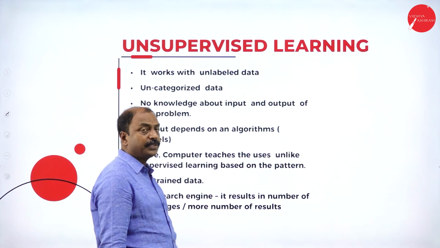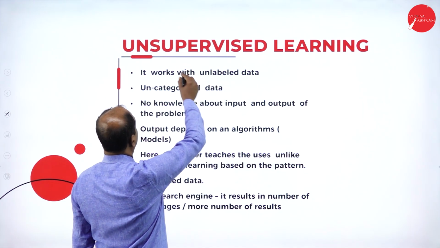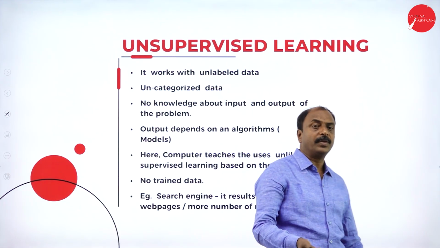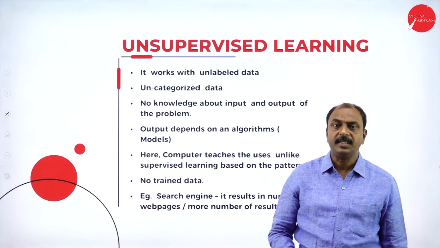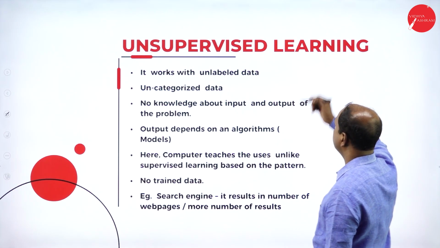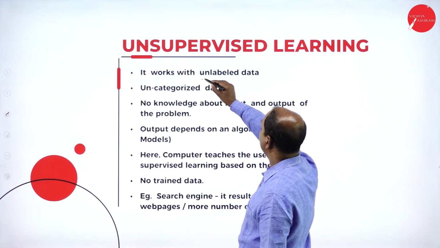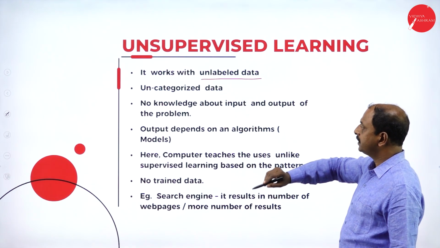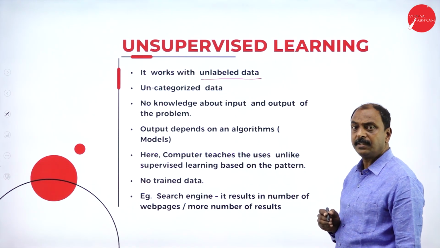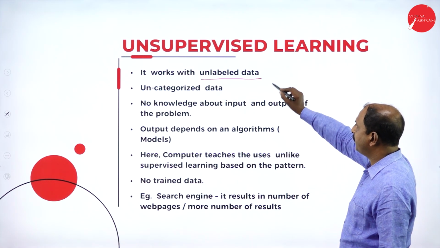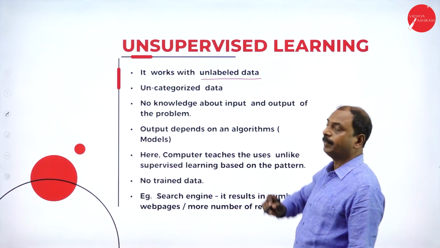In the next slide, we will see unsupervised learning, another form of learning. One is supervised learning, the second one is unsupervised learning. So what is the definition of all these things? It works with unlabeled data. If you talk about supervised learning, it works with labeled data, and this is unlabeled data.